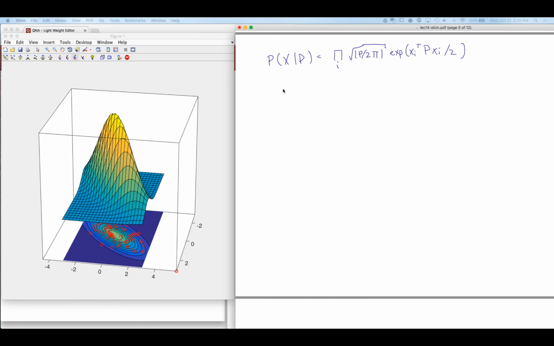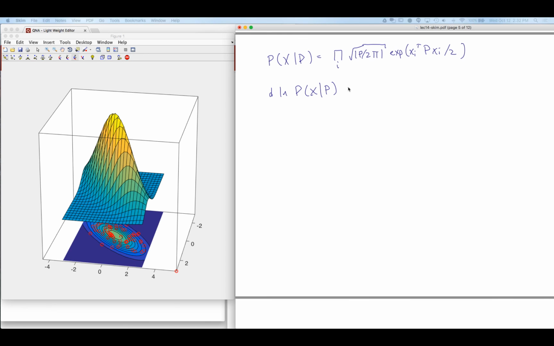All right, so what we would like is to take d of log of P of x given the matrix P. I should really use a different font for this P and this P, but I'm not that good at writing in different fonts.